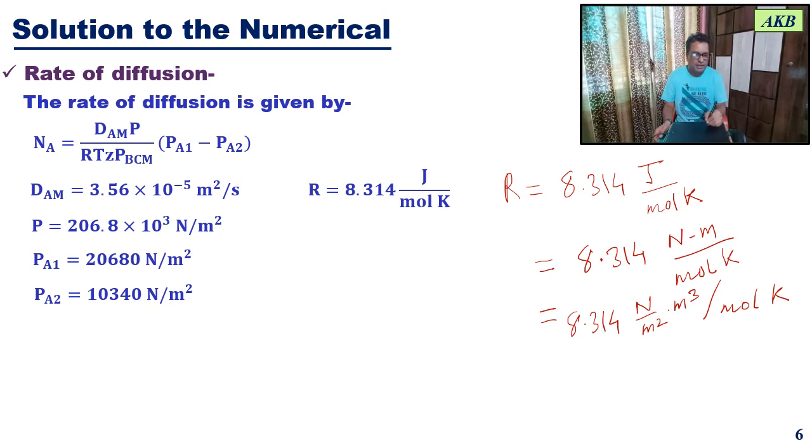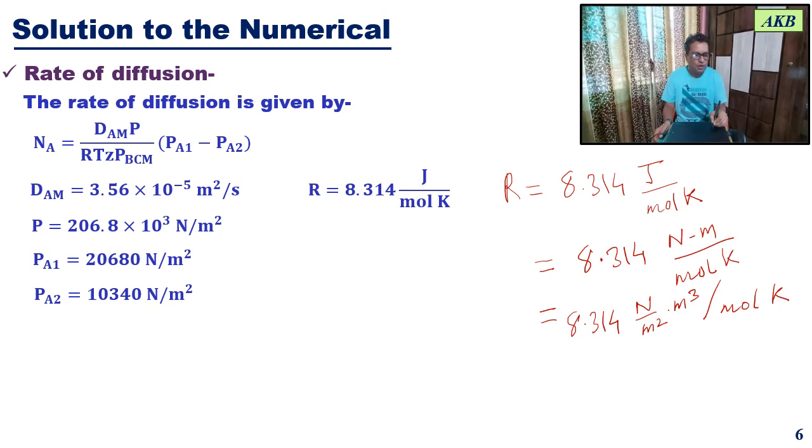So R is 8.314 Newton per meter square into meter cube per mole per Kelvin. Now my point is, if I use this value of R, 8.314, I'll have to keep pressure in Newton per meter square. Volume will be in meter cube and amount of substance will be in mole.